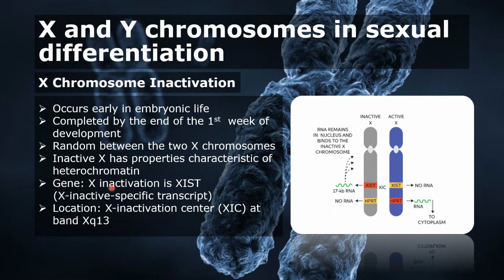It is located at the X inactivation center at band Xq13. So only the inactive X expresses this gene, and this gene codes for the XIST RNA, which appears to paint the inactive X chromosome and is responsible for inactivation.